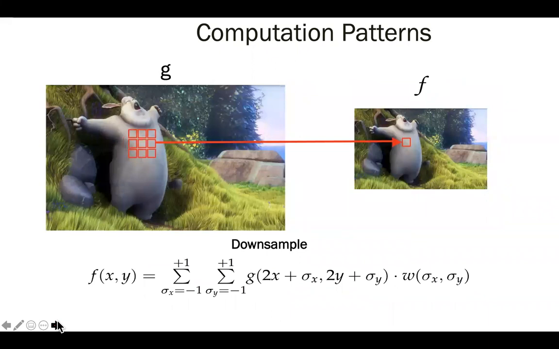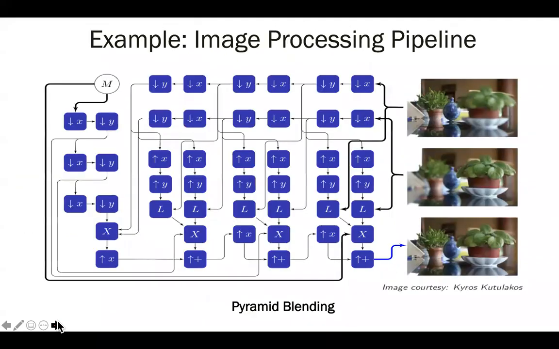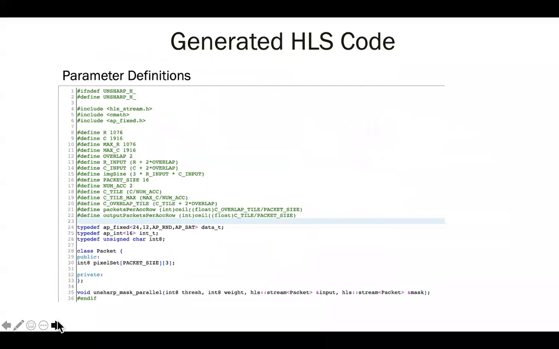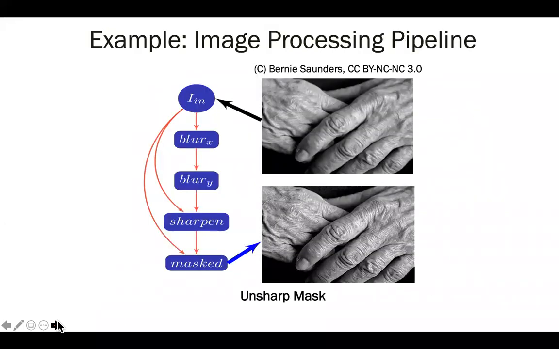So for example, there is this image processing pipeline called unsharp mask. In unsharp mask, the first stage, IIN, is a read-from-memory stage. And then there is a blurx stage, which is a stencil stage.